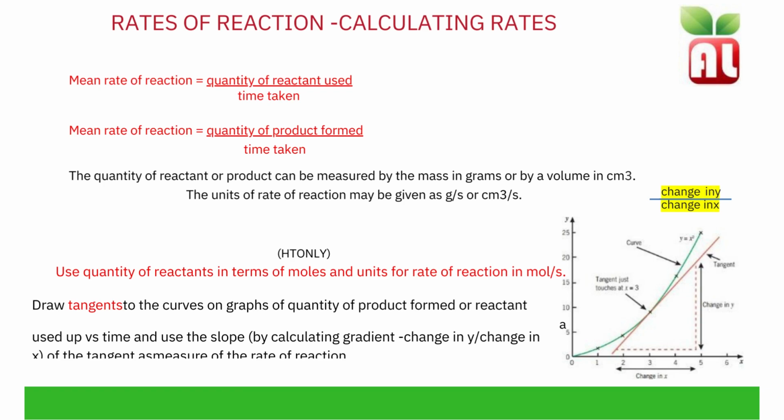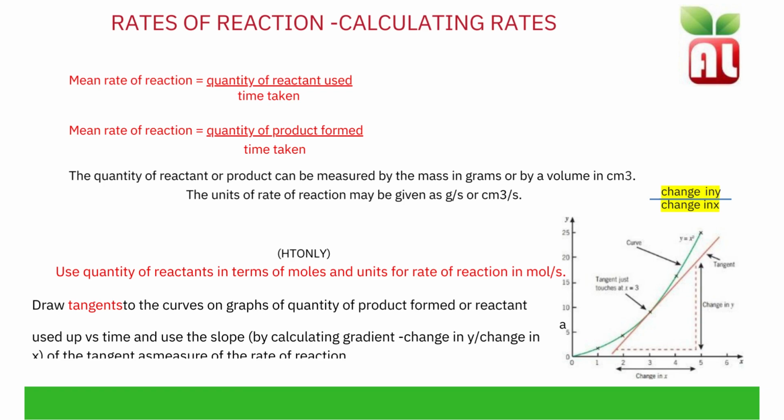For those students sitting the higher tier paper, you may be asked to calculate the mean rate of reaction from a graph. Typically, graphs involving the change in the time versus the change in the quantity will give us a curved graph. Therefore, to calculate the rate at a specific time, you must draw a tangent to that curve.